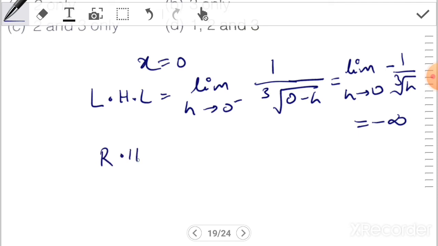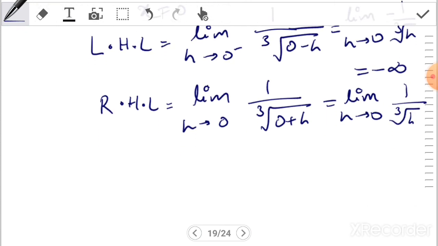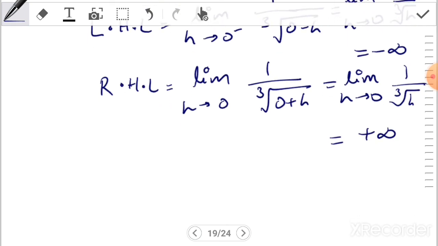So right hand limit, x tends to 0 plus, 1 by cube root of 0 plus h is equal to limit h tends to 0, 1 by cube root of h, which is equal to plus infinite. That means the left hand limit is not equal to the right hand limit. So statement 1 is false.